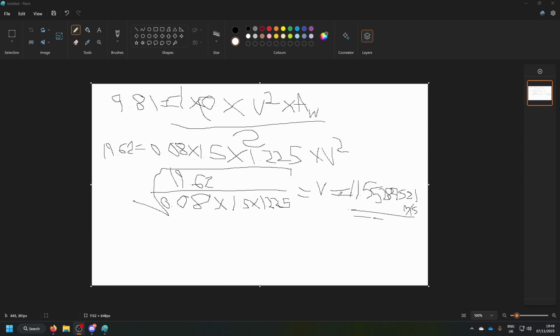So to go at 11.5528951 meters per second, we're going to need some form of engine or motor to convert some energy store into kinetic energy.